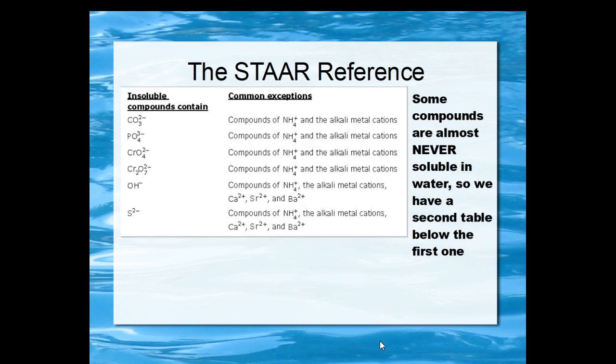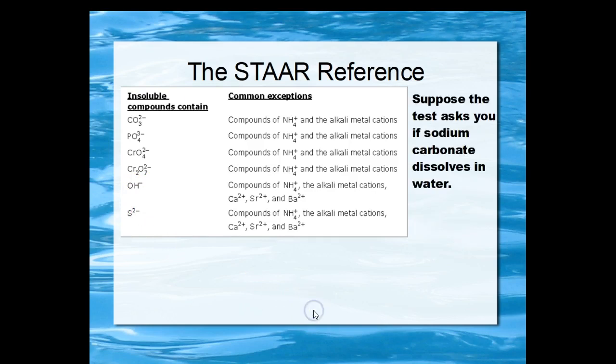The bottom table, the second table, that's below the first, tells you compounds that are almost never soluble in water. And so we look at that and we see carbonates, phosphates, chromates, dichromates, hydroxides, and sulfides. Suppose the test asks you if sodium carbonate dissolves in water.